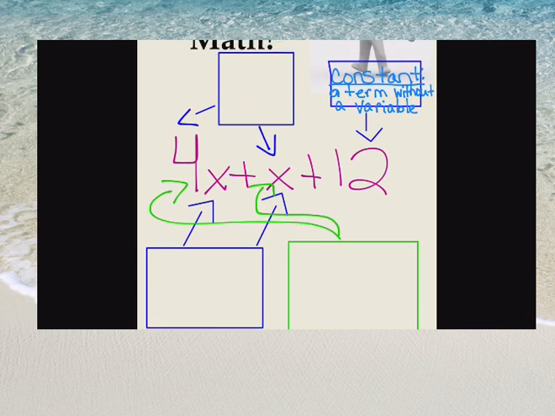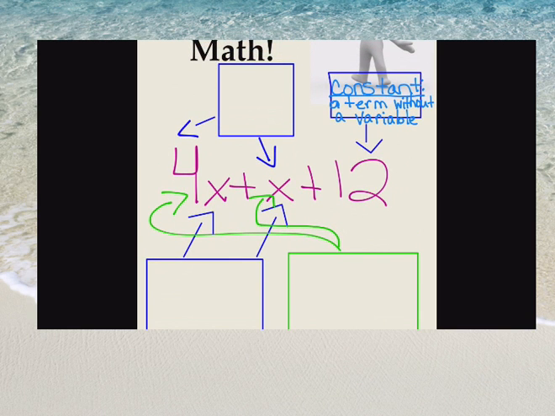The next thing we're going to talk about is something called like terms. So you can see here that 4x and x both have an x in them.